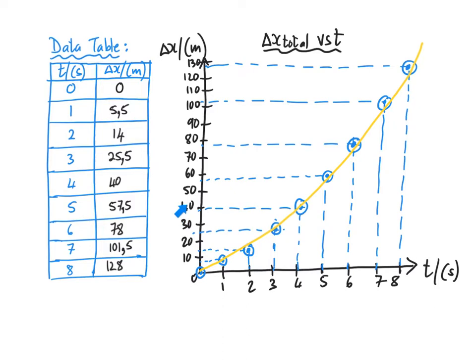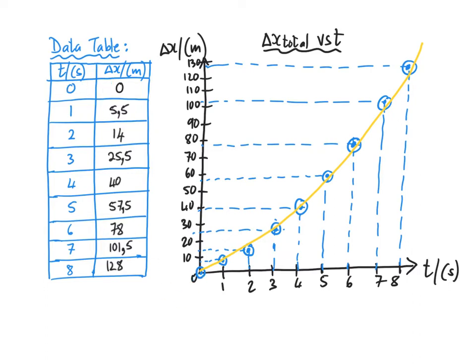When determining what your scale needs to be for the vertical axis, the change in position, one needs to look at the maximum value that you need to be able to represent. And so I worked with 10 meters per 1 centimeter interval, and I used 13 centimeters to accommodate 128 meters.